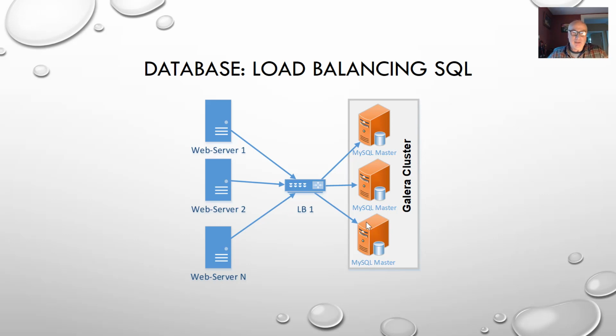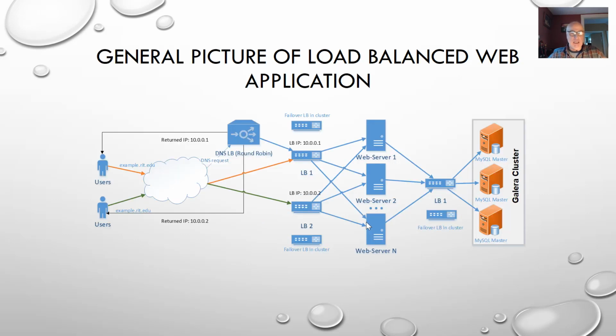So yeah, we've all experienced this, but this is another form of load balancing where we see it buried back further into the architecture. And then here's our generalized picture of load balancing in a web application. We can't have load balancers that are single points of failure.